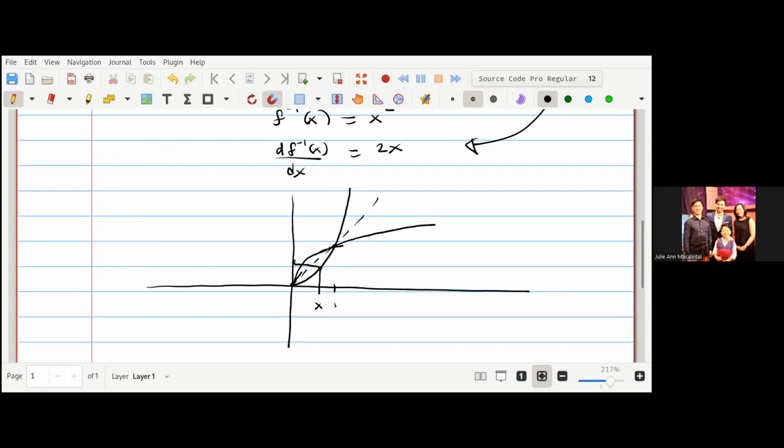When x is, for this value of x, this is going to be the value of y. Ngayon, for this value of y, so yung inverse, for this value of y, the inverse will give you this value. The slope here, which is the derivative, at saka yung slope dito, yung expected na behavior niyan is dapat inverses sila.